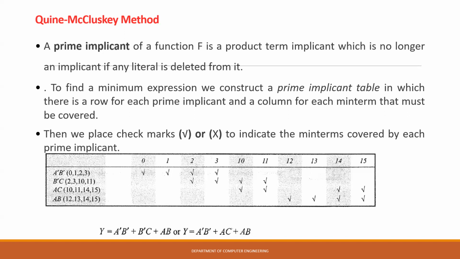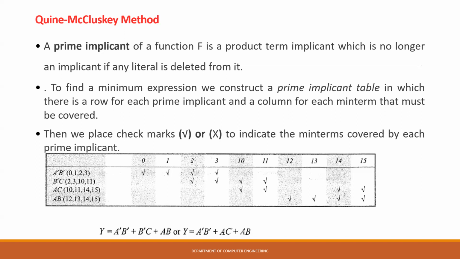For the first min-term group 0, 1, 2, 3, these min-terms are present, so they are ticked in the given row. Similarly for the second group, B dash C, these are ticked. For AC and for AB, these are ticked.